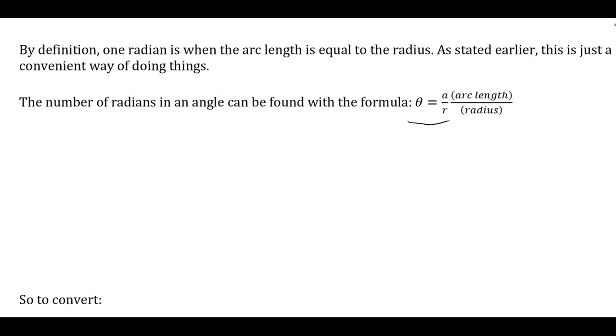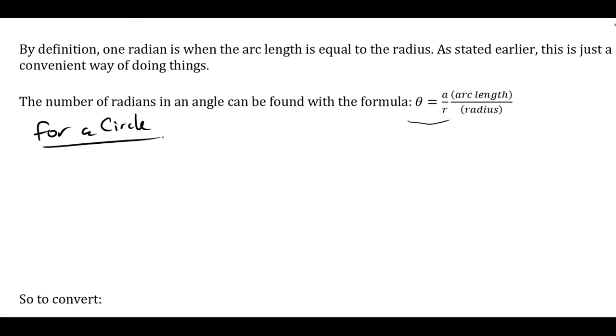Okay, so let's talk about a couple of things. For a circle, you want to write this down for sure. For an entire circle is what we're talking about here. What would the angle be? Arc length over radius.